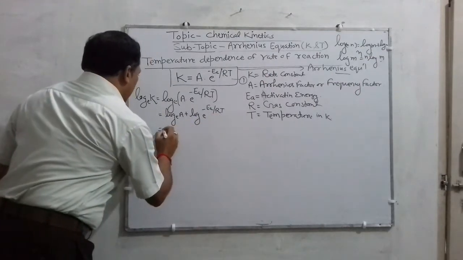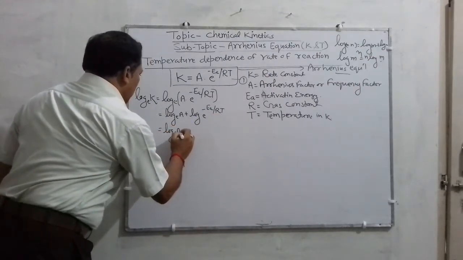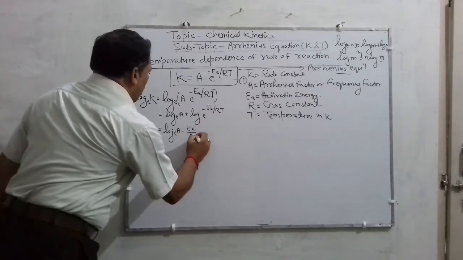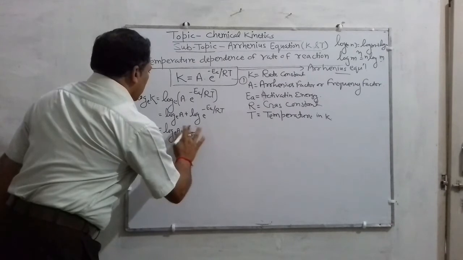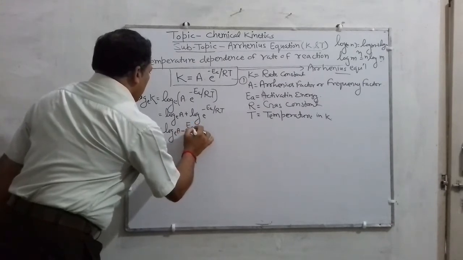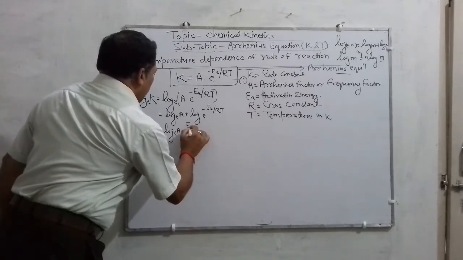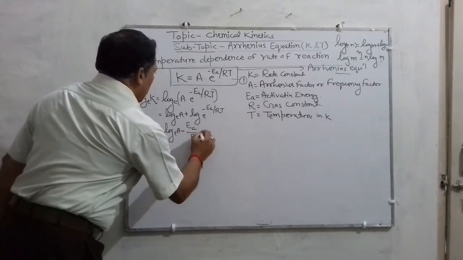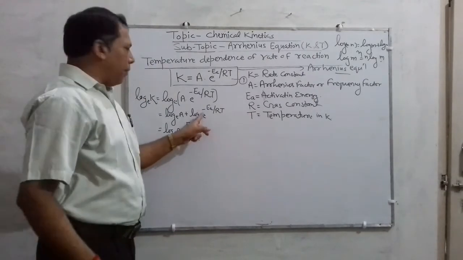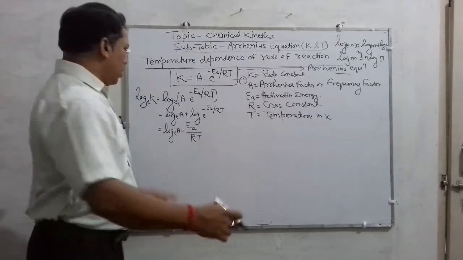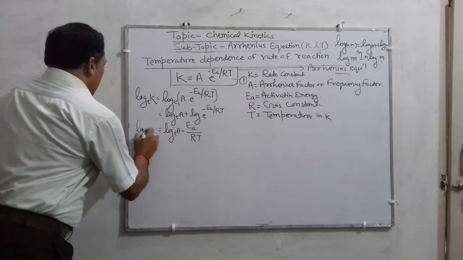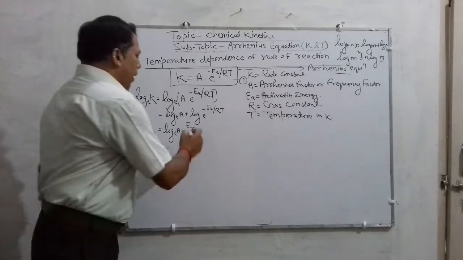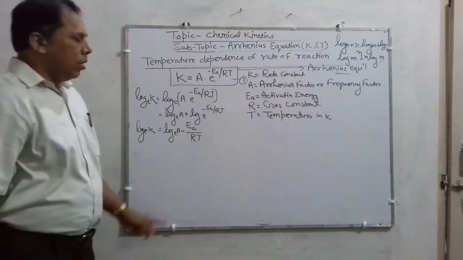So this can be written as log A plus (-Ea/RT) log e, and because the value of log e at base e becomes 1, we get ln k = ln A - Ea/RT.